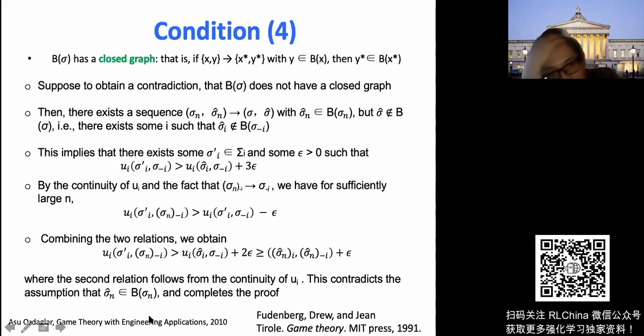The last bit is that this has a closed graph. The graph of the function is basically a Cartesian joined set of the input and output.